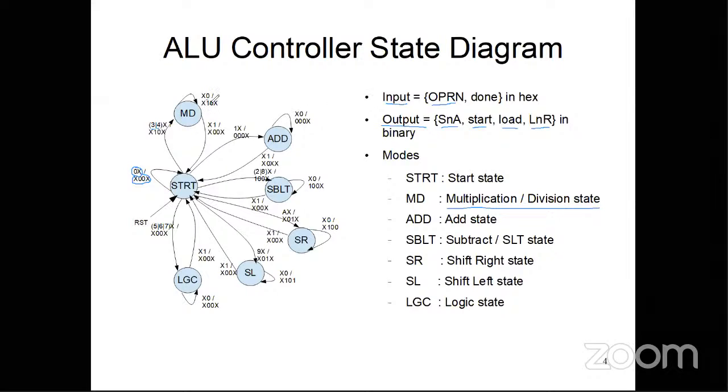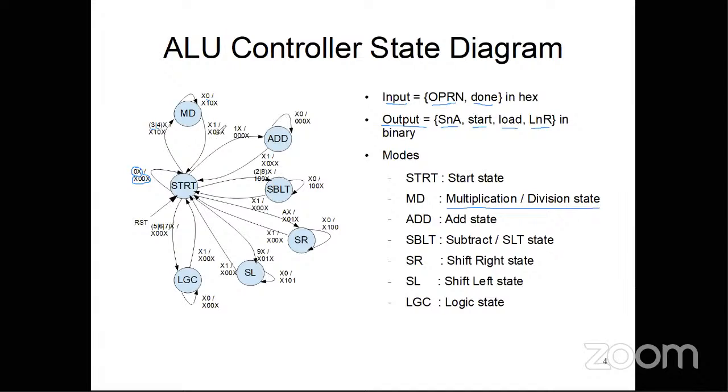As long as the done signal, which is coming out of every sequential divider and multiplier, is 0, we are just staying at the multiplication division state, assuming those individual multipliers and dividers are acting on the data and crunching the result.